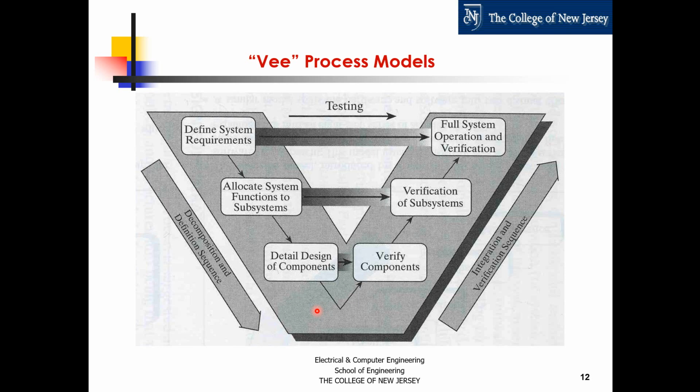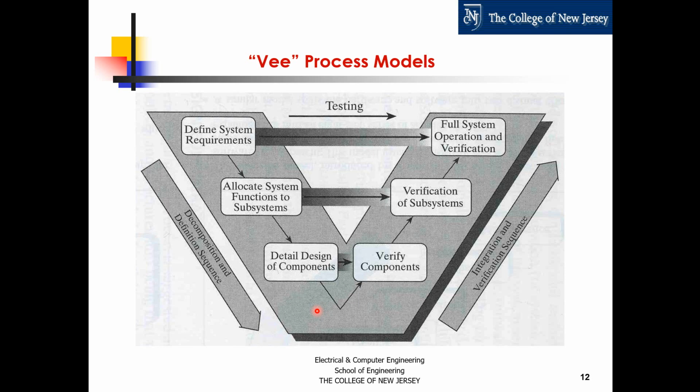Then the right side of the V is a bottoms-up, what is called integration and test. You have had courses where I have told you to start testing something small and make sure that you then deem that a known good entity before you use it on something larger, because if you just put everything together and test at the top, then it's very hard to diagnose issues and debug.